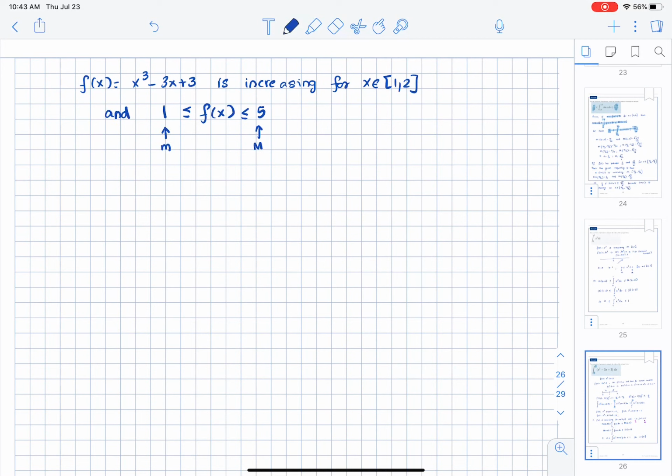So using the property, since the function is between 1 and 5, including 1 and 5, we have the integral to lie between those two values.